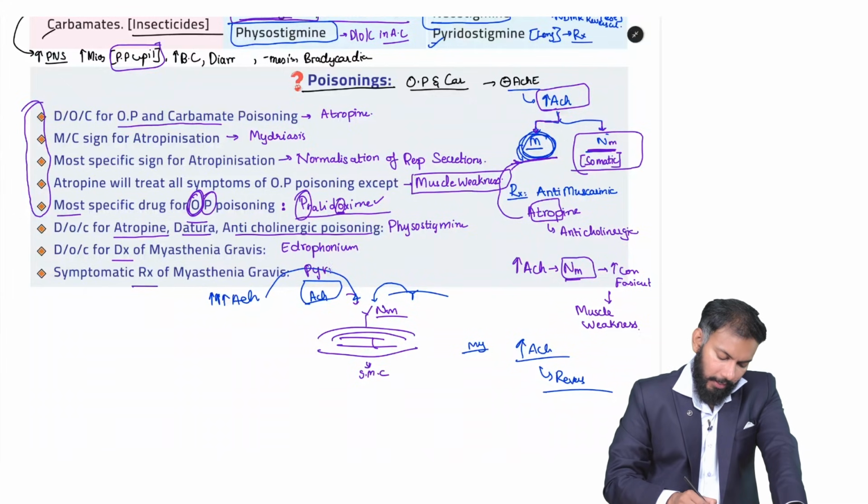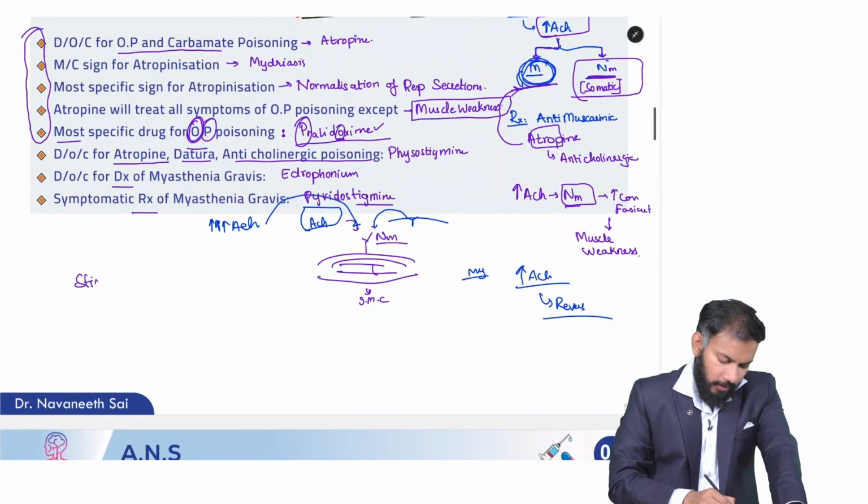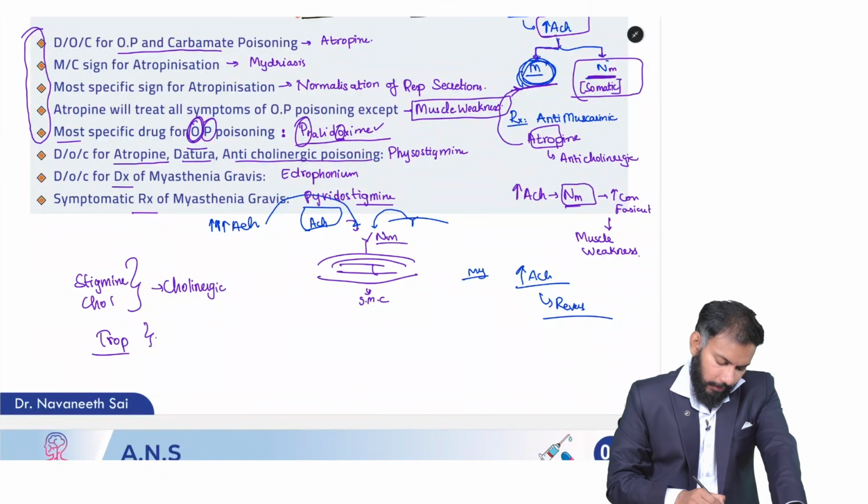Long acting pyridostigmine. So you can see one theme here. Whenever you see the name stigmine or chol, both of them are cholinergic drugs. When you see the name trop, it is an anti-cholinergic drug. That's all. Easy way to remember this.